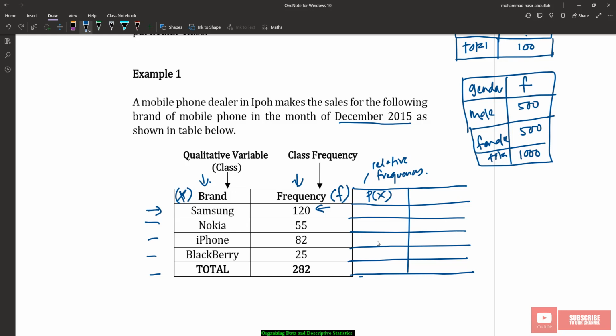Right, relative frequency. So let's say the frequency for Samsung is 120 and the total of mobile phone brands is 282.